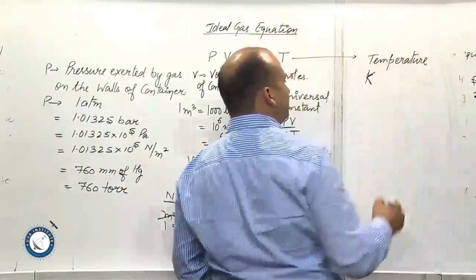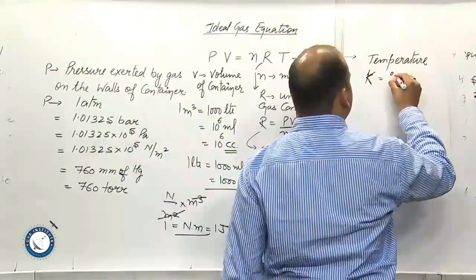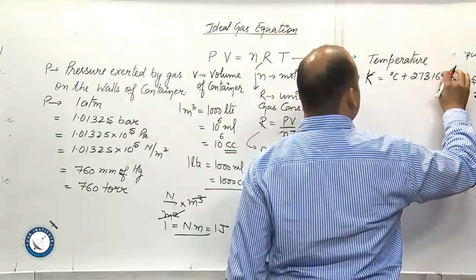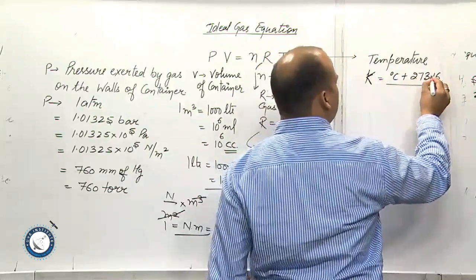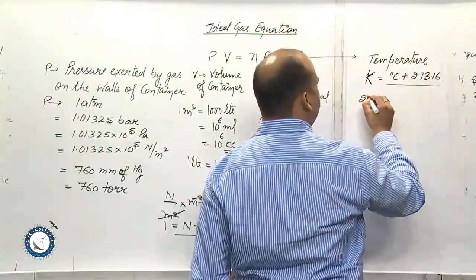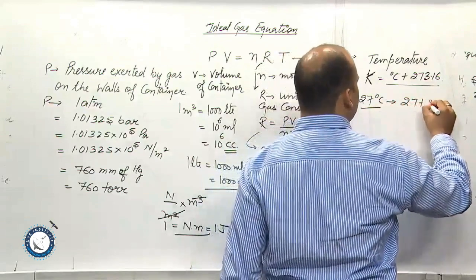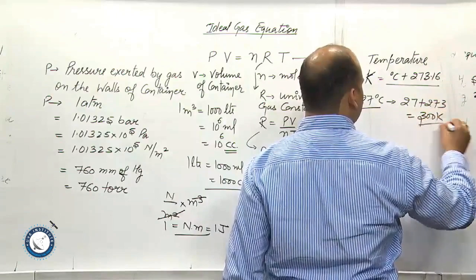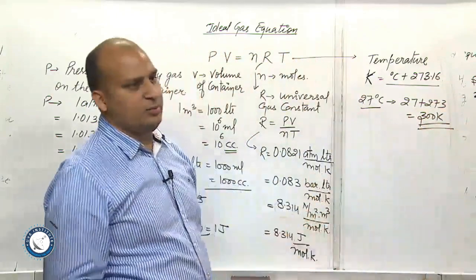And please remember beta, this Kelvin is capital K, don't write it as small k, and it is equal to degree Celsius plus 273.16. Now you normally do not use 0.16. So suppose if it is 27 degrees Celsius, this will become 27 plus 273, which is equal to 300 Kelvin. So that's what I have written, capital K, Kelvin.